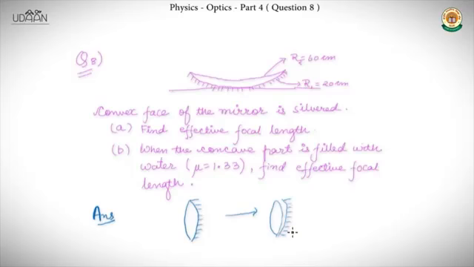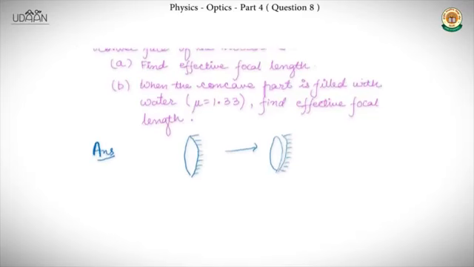So basically, in this, the effective focal length will become two times the focal length of the lens minus one time the focal length of the mirror.